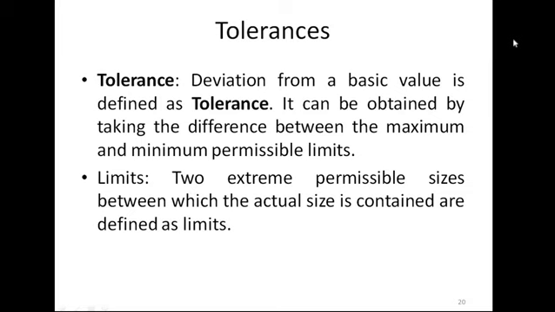Now come to the point. Here we are learning about tolerance. Tolerance is the deviation from a basic value. It can be obtained by taking the difference between the maximum and minimum permissible limits. Limits are the two extreme permissible sizes between which the actual size is contained.